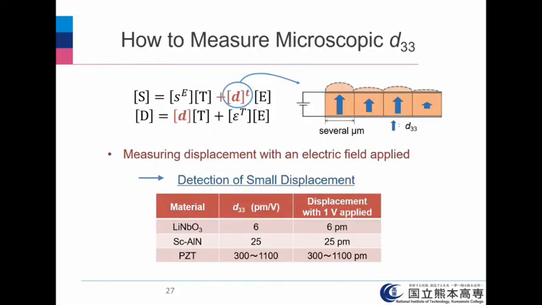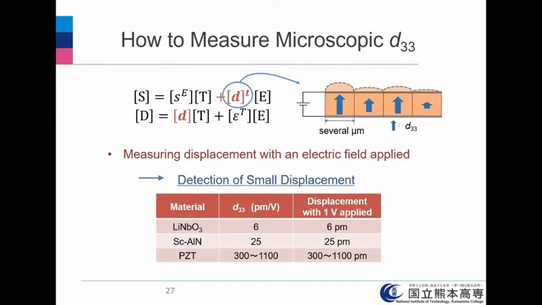I will show you how to measure the microscopic d33. There are constitutive piezoelectric equations. To determine d33, we simply measure the strain with applying the electric field. However, the displacement which causes the strain is very small.